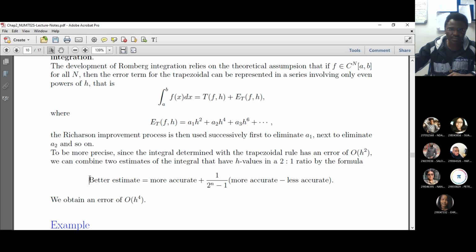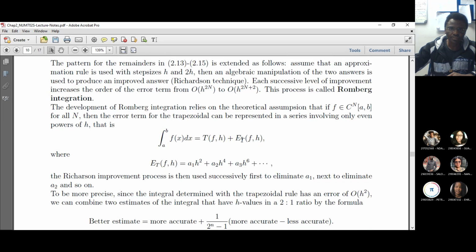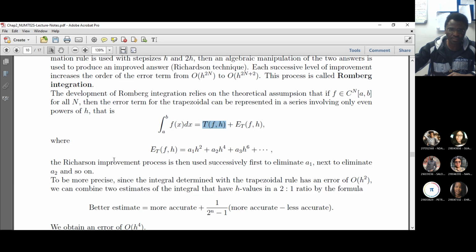The technique is summed up in this formula. As I said, the purpose is to eliminate this first term, to zero it, and get the fourth order accuracy, which is what we will get if we perform this technique on the composite trapezoidal rule.